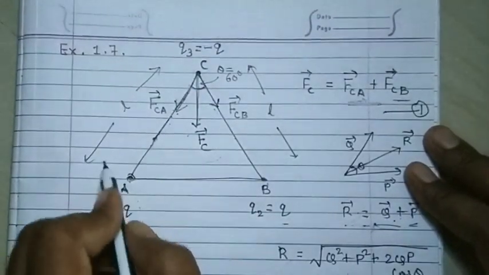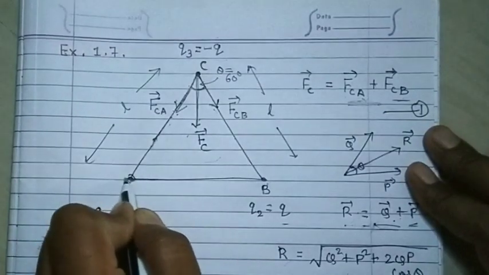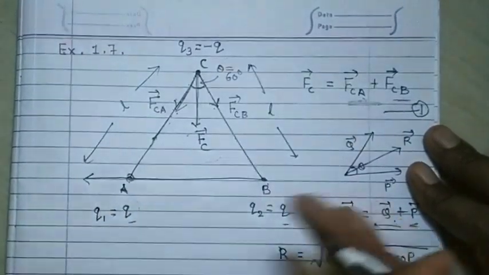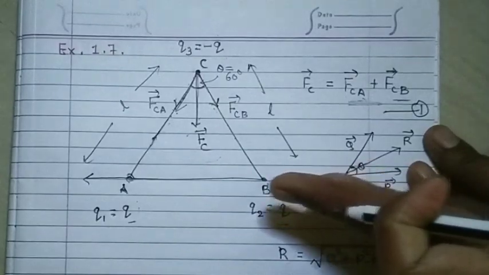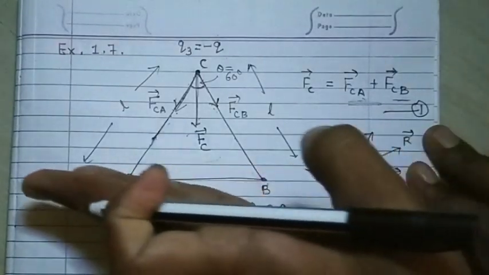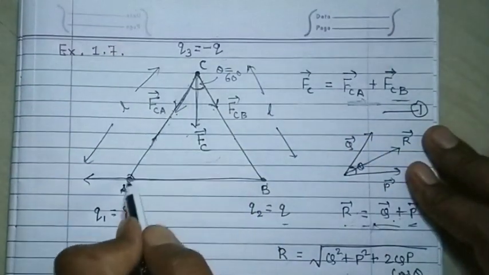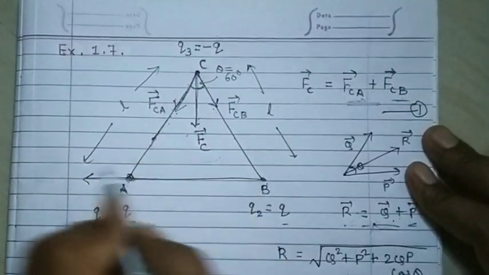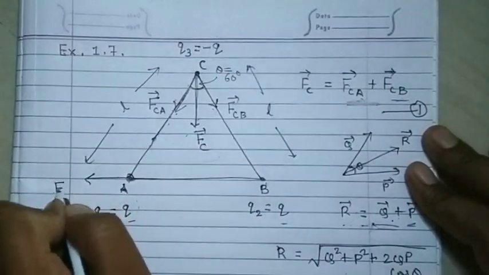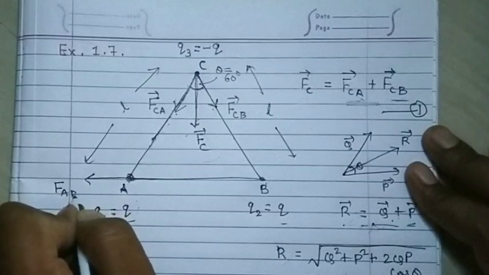So here this charged particle will experience the force in this direction, because this charged particle will apply the force in this direction. So the force on A due to B is this. I will write here force on A by B.